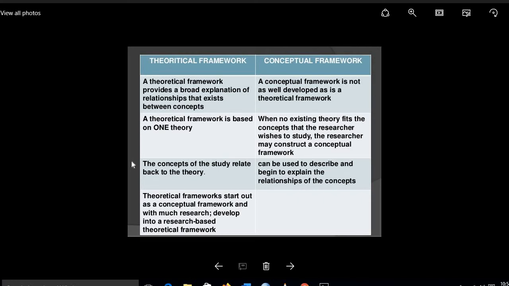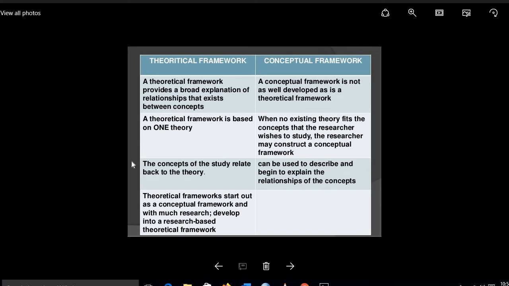But conceptual framework describes the beginning and the movement towards the theoretical aspect of the study. That means it explains the relationships of the concepts. There will be more than one concept sometimes. Sometimes it will be only a single concept. And this concept may be from a theoretical framework or may be a concept formed by the researcher himself.